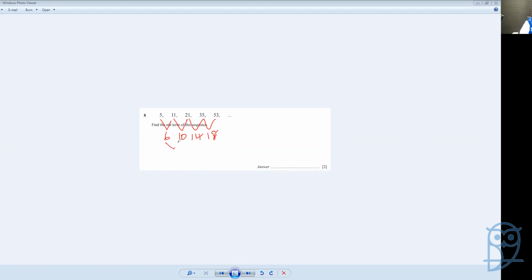So we then check our second difference. If our second difference is not constant, it will then be an exponential. So our difference there is 4, 4, 4. Constant, meaning it's quadratic.